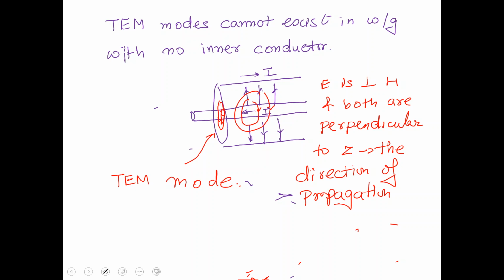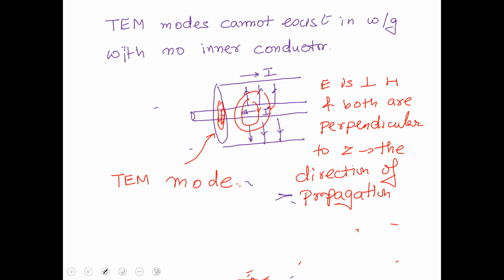That is virtually the only practical waveguide where you have a TEM mode. Almost every other waveguide does not have TEM modes, and would have either TE or TM modes.